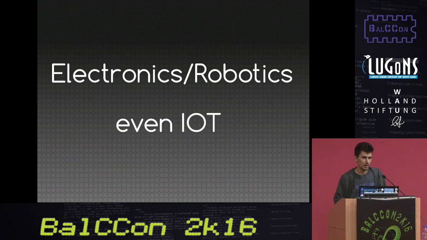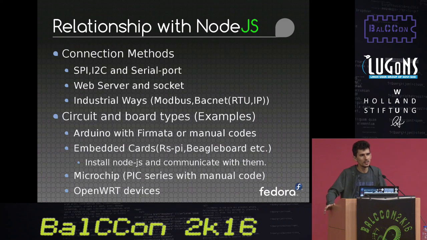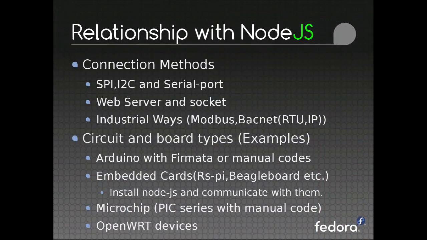So, about some electronics and a little bit of IoT. The relationship with Node.js is that if you want to control your hardware, we have to use some sort of connection method or protocol that allows you to control our devices.